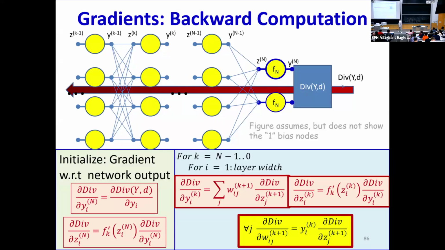And then the derivative of the divergence with respect to the z's is simply going to be the derivative of the divergence with respect to y multiplied by the derivative of the activation function itself. The one extra computation is the derivative for the weights, where the derivative for any weight is the input to the weight times the derivative at the output of the weight, right?